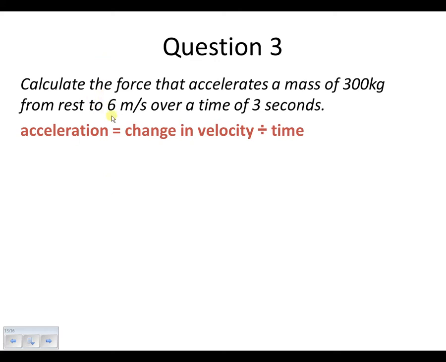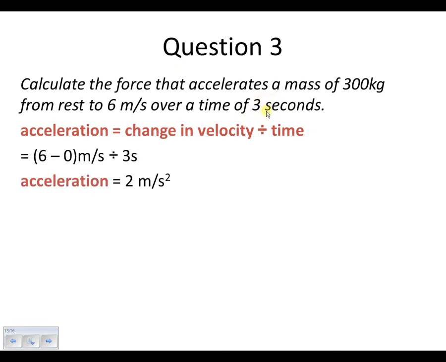V, final velocity, was 6 meters per second. But it started from rest, which is 0 meters per second. 6 take away 0, you end up with 6 meters per second, divided by the time it takes to cause the change, which is 3 seconds.